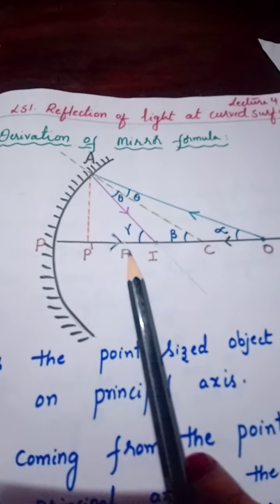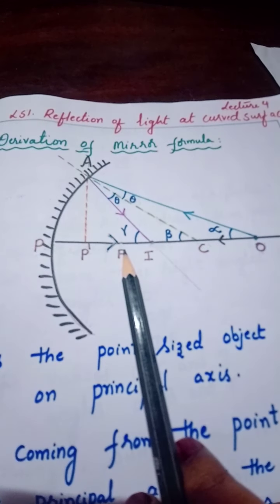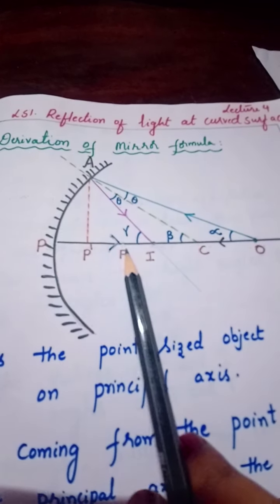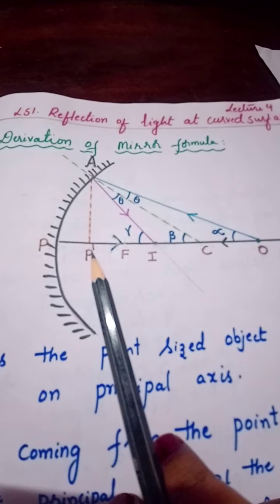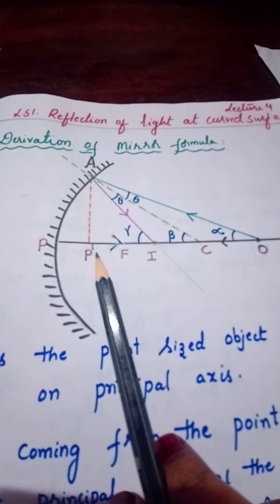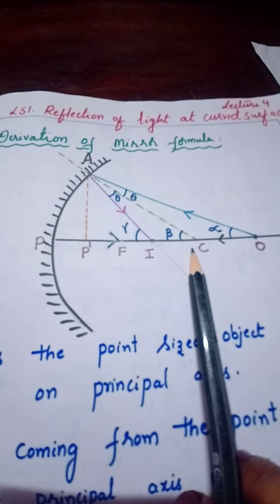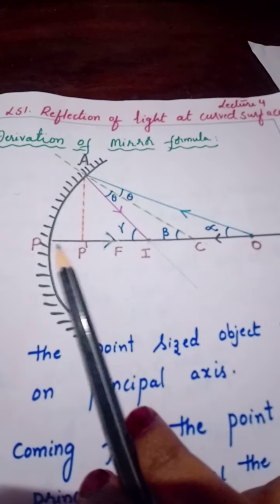And what about PF? Between pole and focus is the focal length. The distance for focal length should be measured from the pole, and it is also opposite to the incident ray direction, so focal length should also be considered negative. What is PC? PC is nothing but the radius of curvature, the distance between pole and center of curvature.